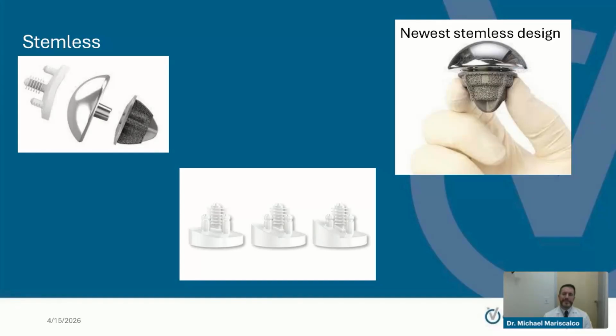So the socket of the ball and socket, otherwise known as the glenoid, as I showed in one of those earlier slides, can develop considerable deformity. And being able to correct that deformity previously was a major challenge at the time of surgery.